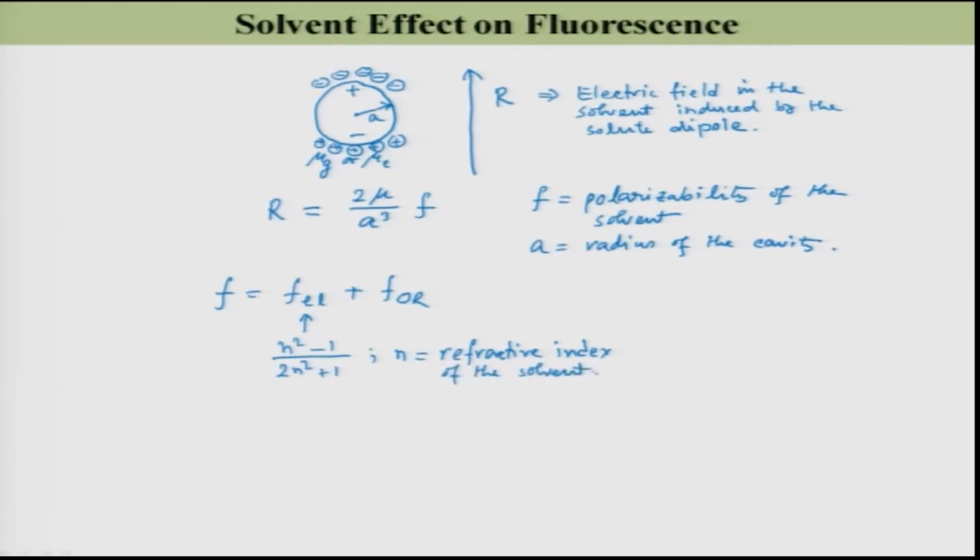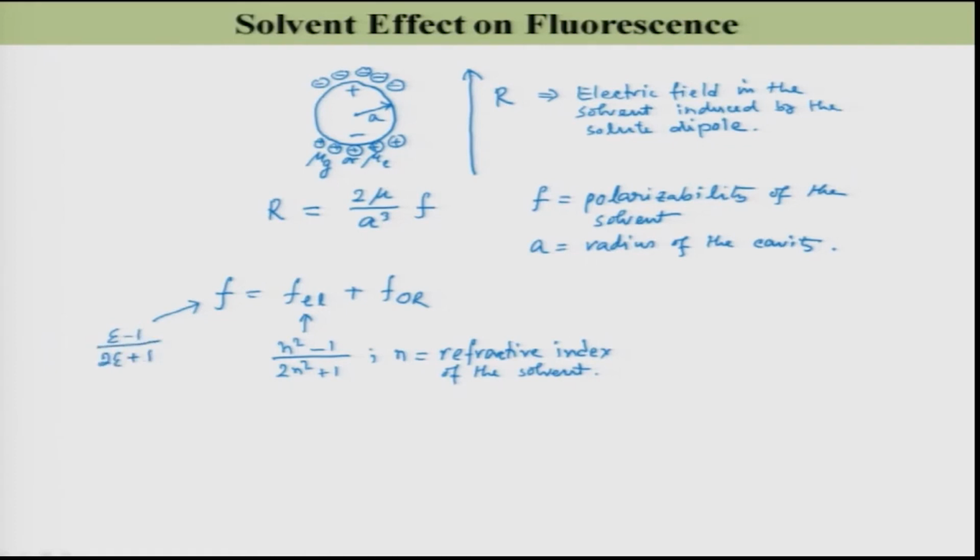And this F, the total polarizability, is a function of the dielectric constant. It can be written as (epsilon minus 1) by (twice epsilon plus 1).